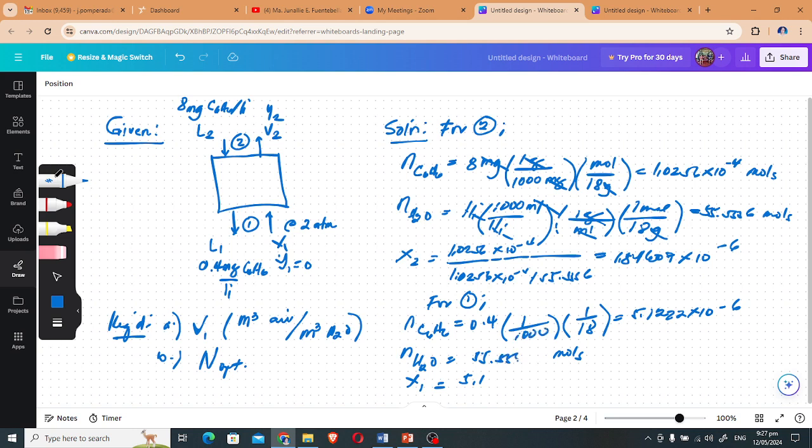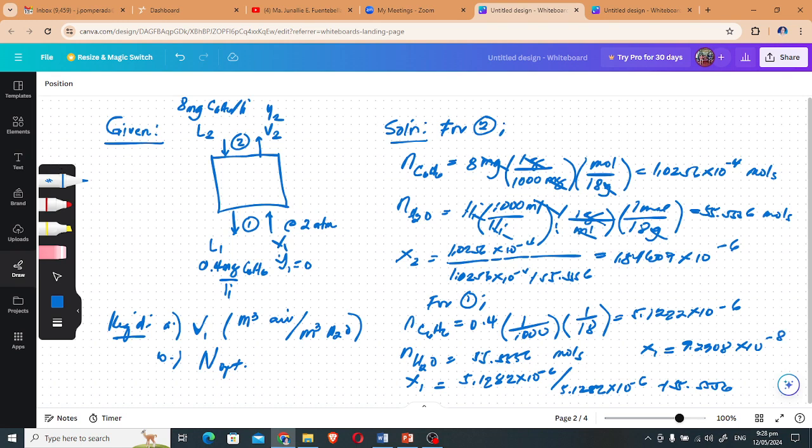This is 55.5556. So 5.1282 times 10 raised to negative 6 divided by 5.1282 times 10 raised to negative 6 plus 55.5556, giving us an x1. I'll just write in here, equal to 9.2308 times 10 raised to negative 8.